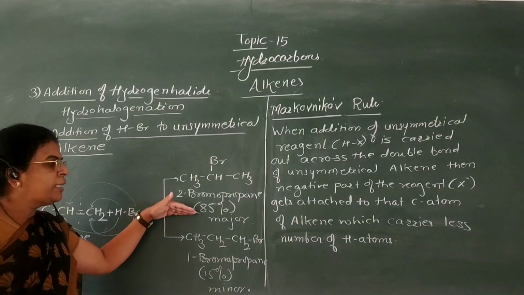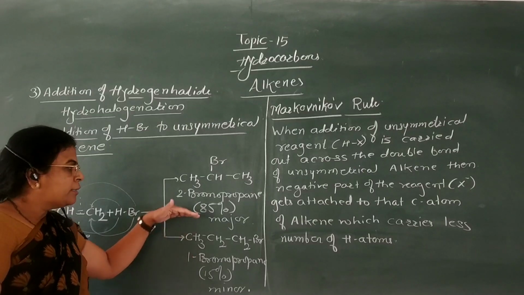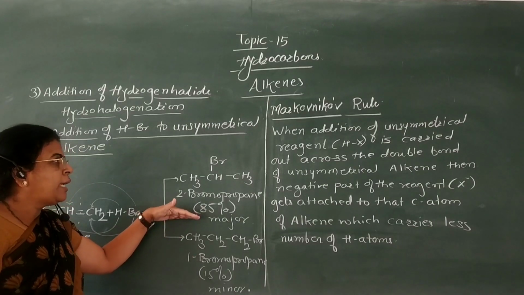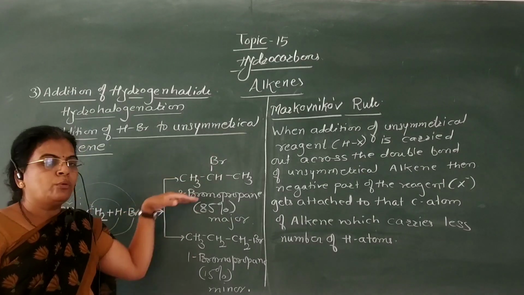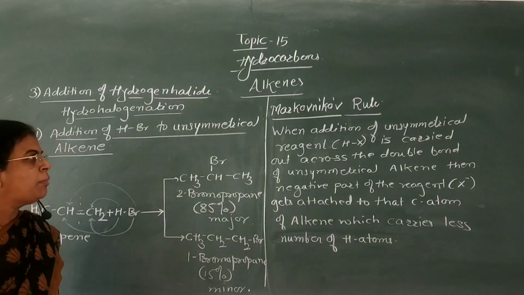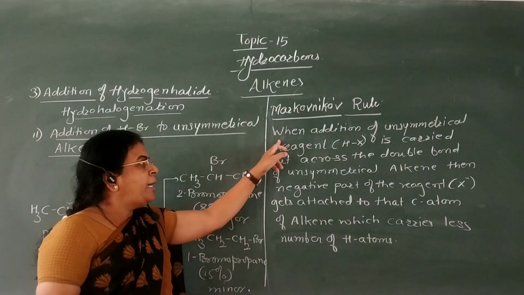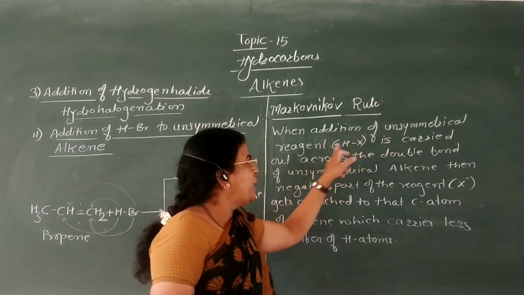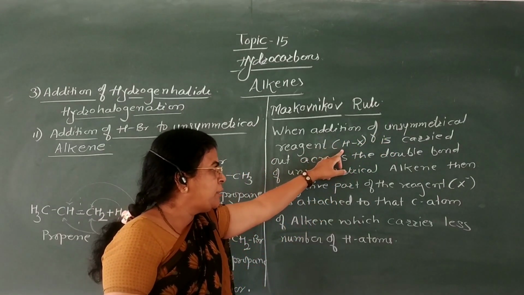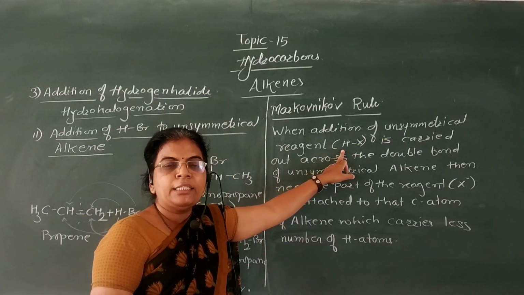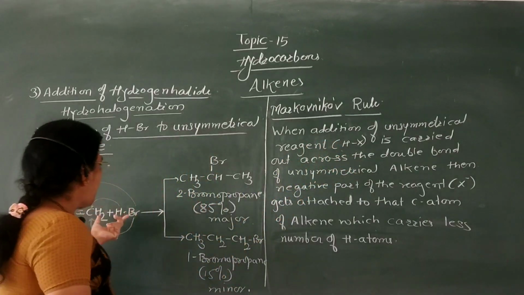Now these are the experimental values, and therefore here Markovnikov's rule is used. What is Markovnikov's rule? When addition of an unsymmetrical reagent is carried out, now which is the unsymmetrical reagent? HX, that is hydrogen halide. Here it is HBr.